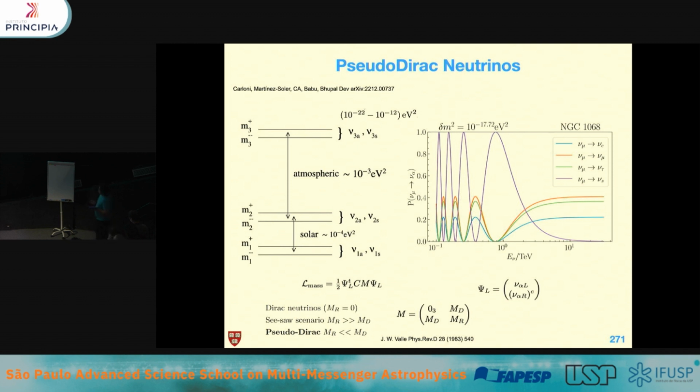And what happens is that now you can have oscillations between your normal neutrinos and these invisible neutrino types. This can be seen here for this very, very tiny mass squared difference as a function of energy. You can see here oscillations between, for example, mu neutrino to this invisible flavor. So the effect that you're looking for here is the disappearance of neutrinos.